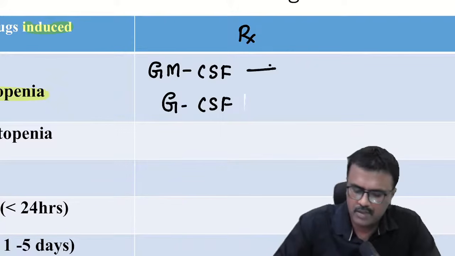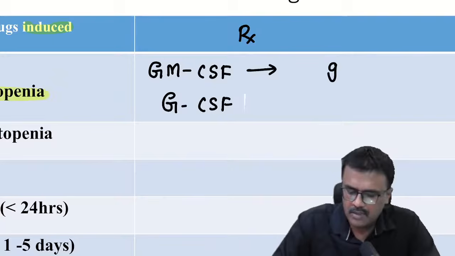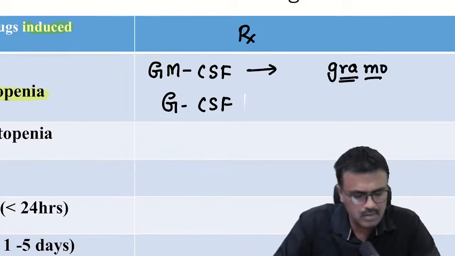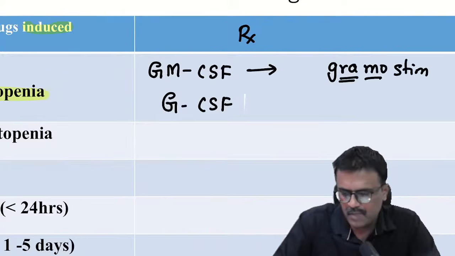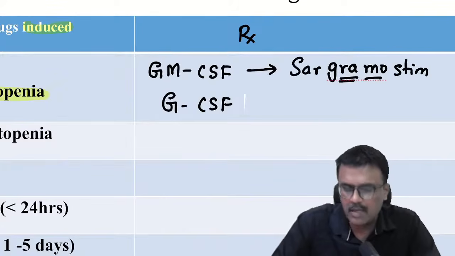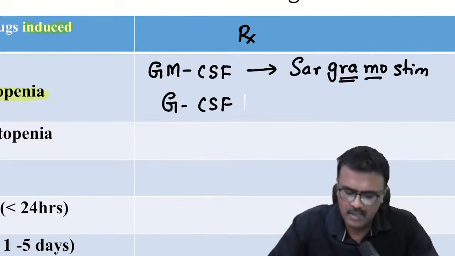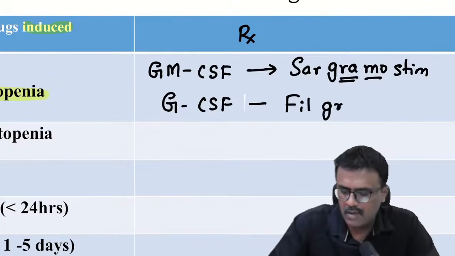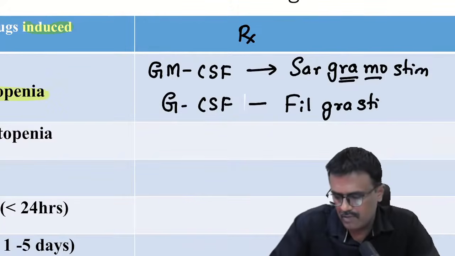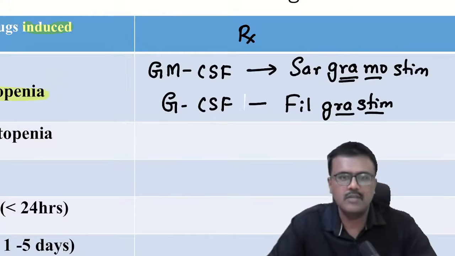GM-CSF is the granulocyte monocyte stimulator, the name is sargramostim. G-CSF is the granulocyte stimulator, filgrastim. This is the point. Filgrastim.